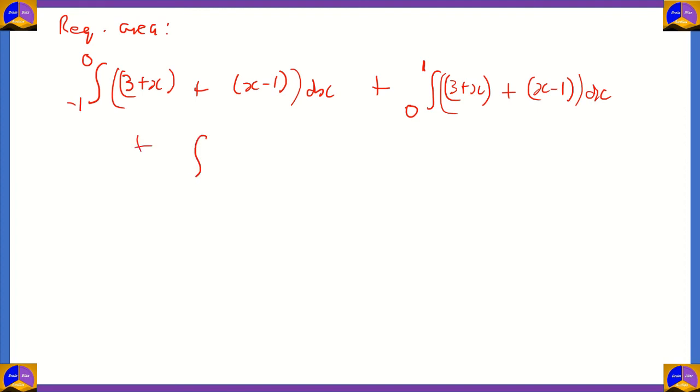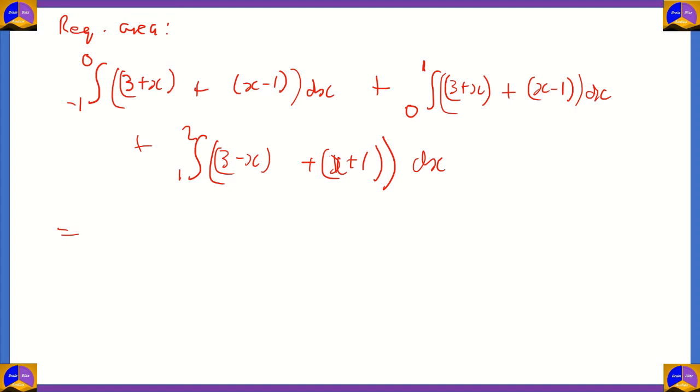And finally, for the third interval, that is 1 to 2, the second curve becomes positive and the first curve undergoes negative values, so that is -1 times, basically it's plus, but the value that we put in is x plus 1 instead of x minus 1, so that's why it's shown as negative. And then you will have dx as well. So this is the equation for the required area.